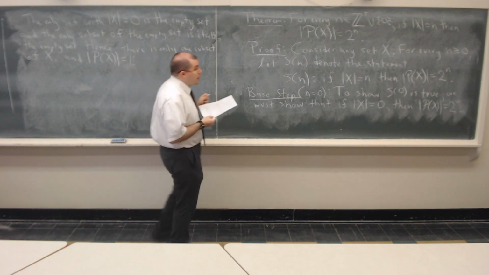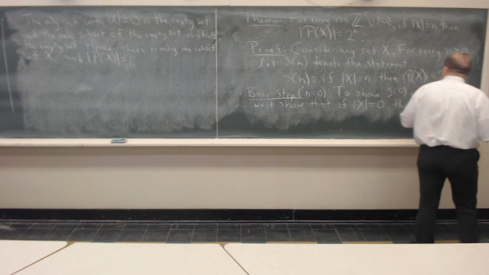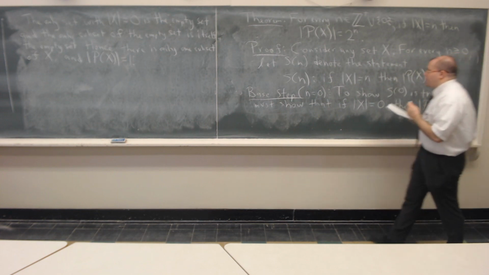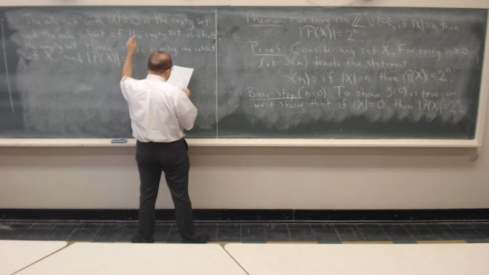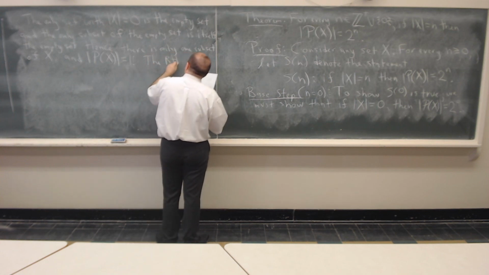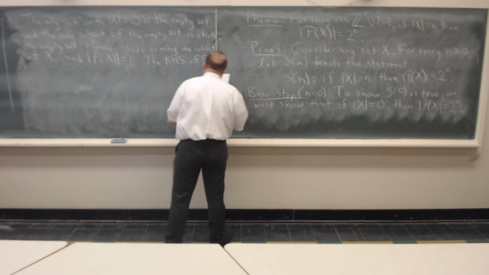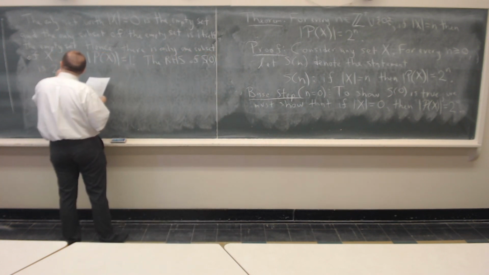Notice that I'm talking about the left-hand side here. So this part right here I've received. So I know that that is equal to 1. Now I'm just going to look at the right-hand side. The right-hand side of S of 0 is 2 to the power of 0, which equals 1.